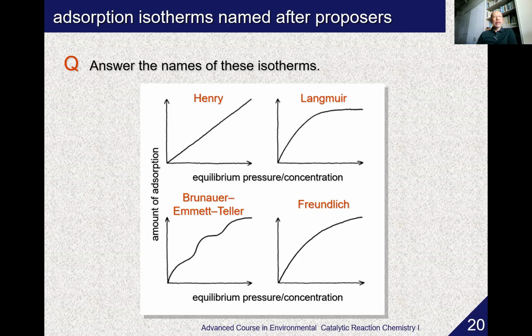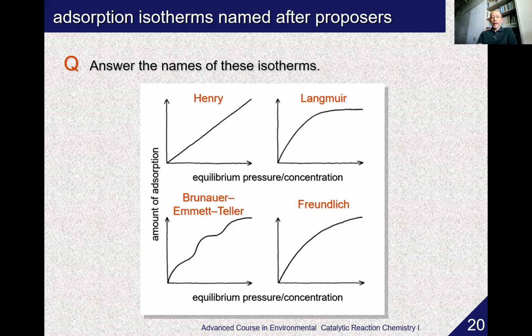Henry reported the solubility of gases: the concentration of the gases in solution is linearly increased with the pressure. That is Henry's law for gas dissolution. And the type of plot is similar to that. So therefore, this is called Henry type. I don't think that Henry discovered this type of isotherm for adsorption.